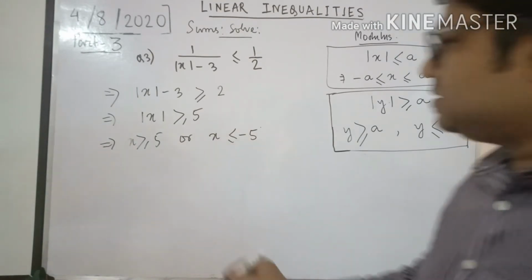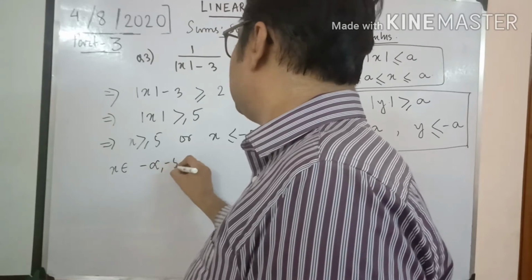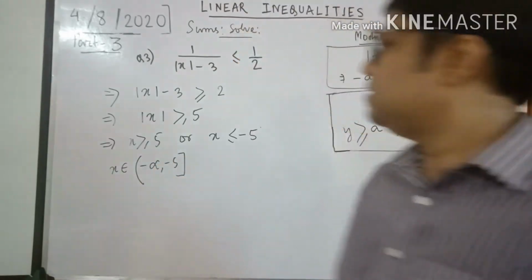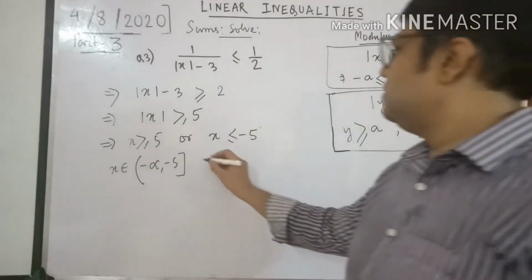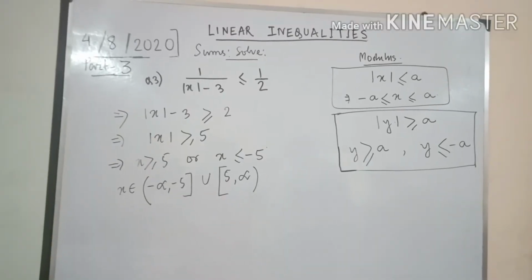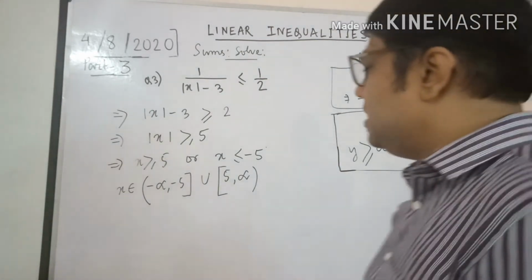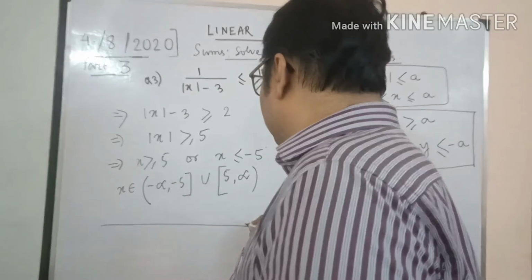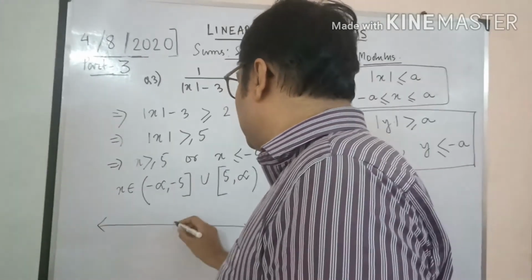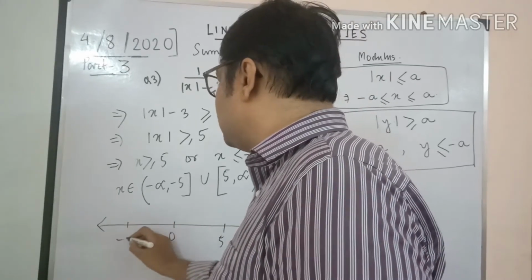So if you write the solution, it will be something like from minus infinity to minus 5, open closed, union 5 to infinity. So x belongs to minus infinity to minus 5, open close interval, union with 5 to infinity. Now this sum is a very typical one. If you look at it, it's 0, it's 5, here it is minus 5.